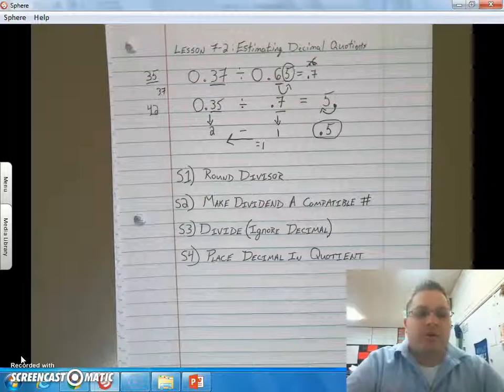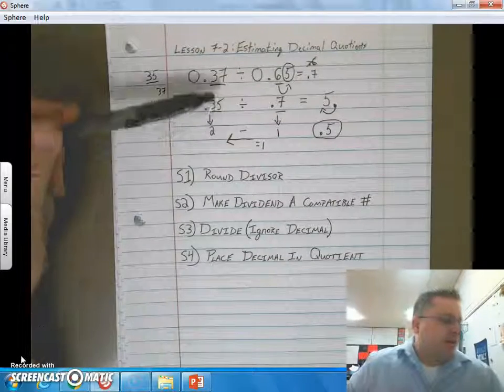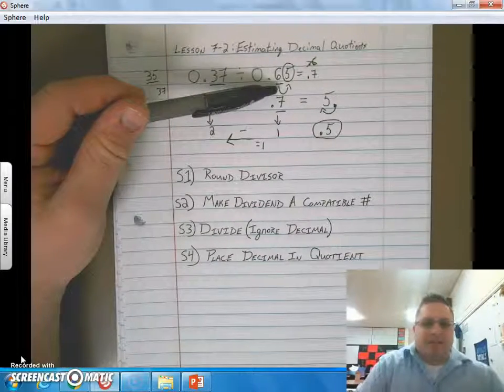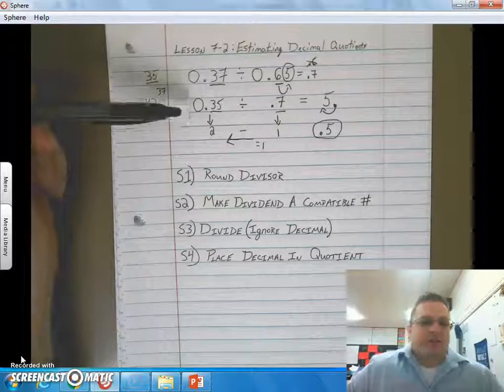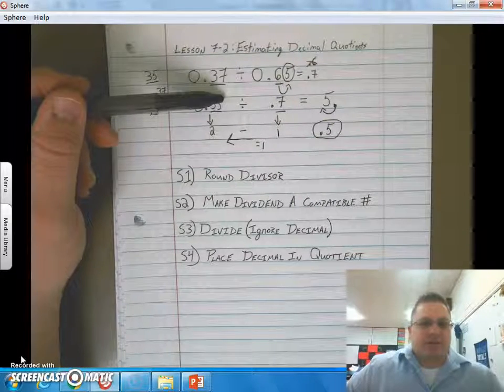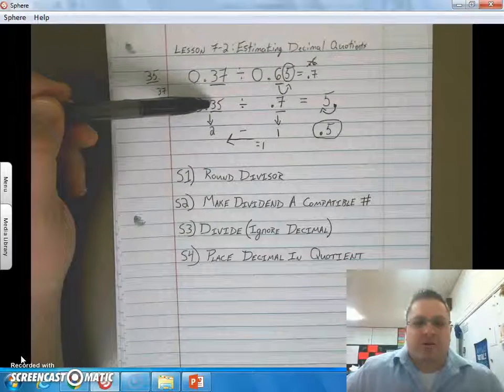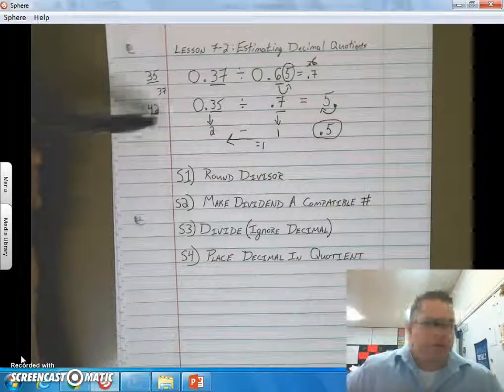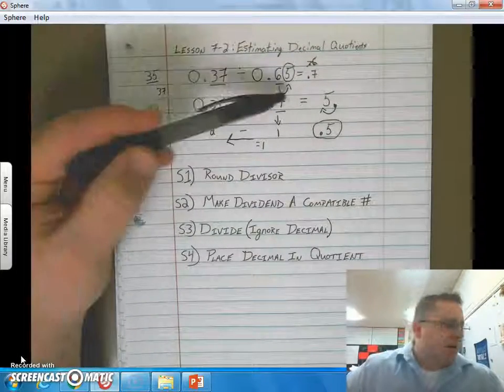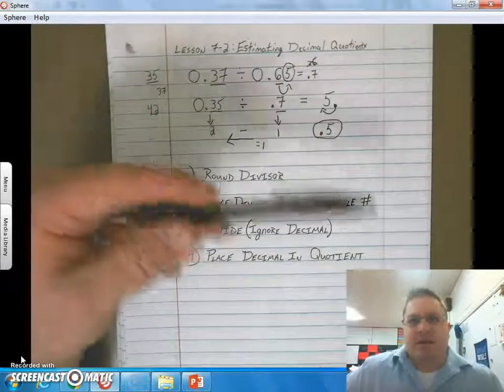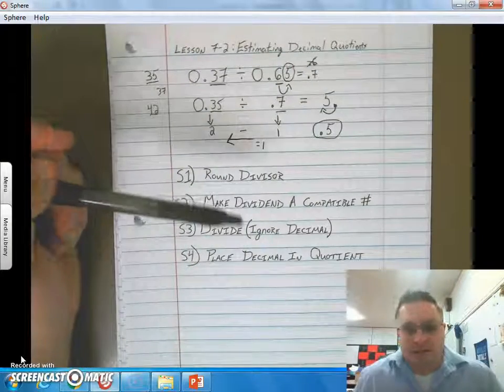Real quick, an explanation in case you need to understand this. The whole reason we can do that is because when I did 35 divided by 7, I was really changing 35 hundredths. It's like I took 35 hundredths times 100 to get it to 35, and then 7/10 times 10 to make it a whole number 7.